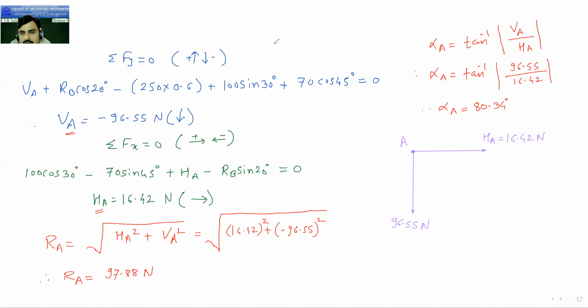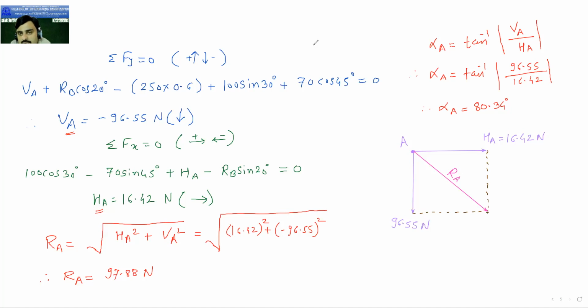Now I will complete the parallelogram. Okay, if I complete this rectangle, I will extend this. Then the diagonal of this, from point A up to here, this is my resultant. This is RA.